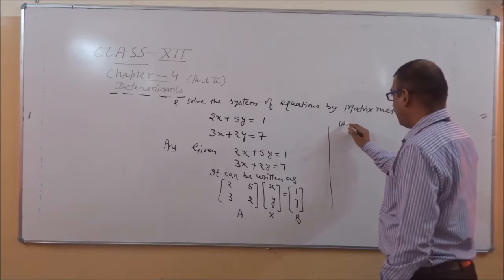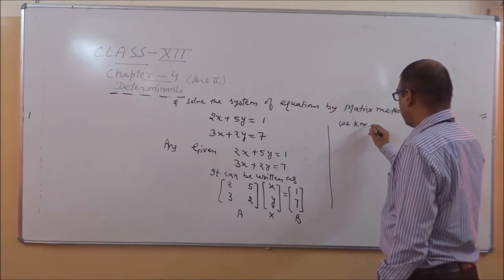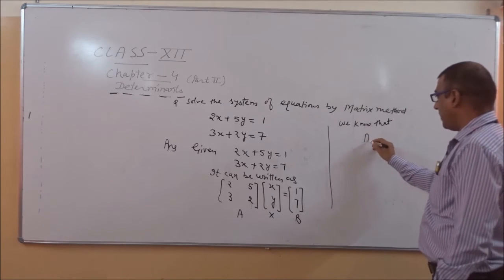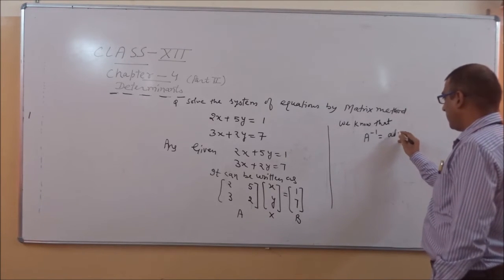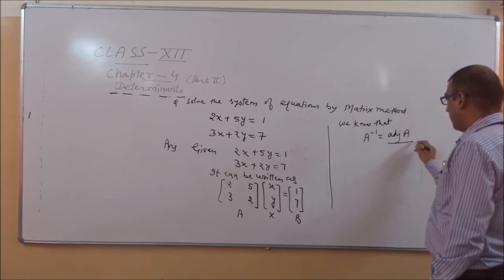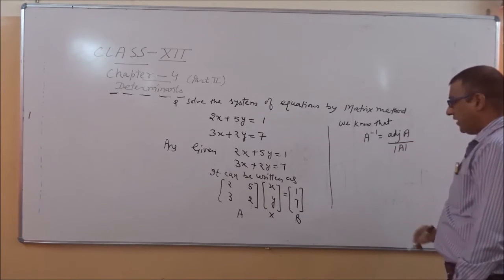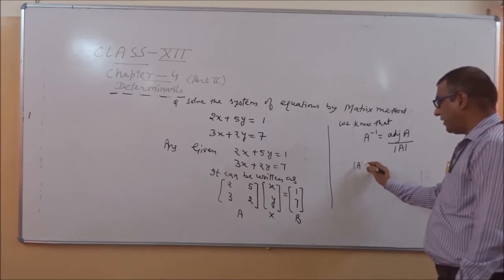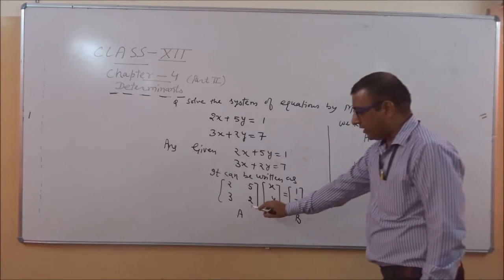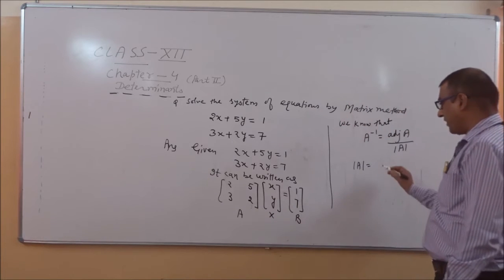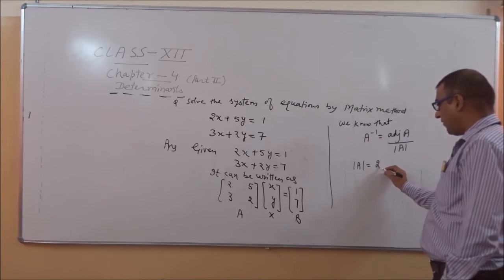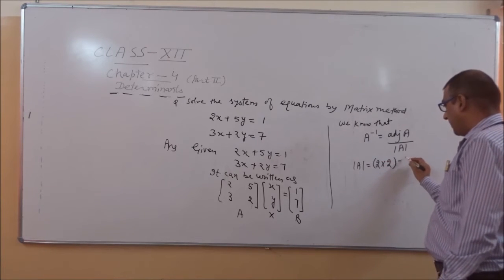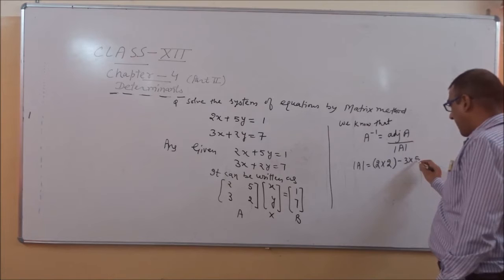So we will write here, we know that A inverse equals to adjoint A upon determinant A. So as I said earlier, first we will calculate determinant A with the help of this matrix capital A. So how can we calculate the value of determinant? 2 into 2 minus 3 into 5 and we will solve it.